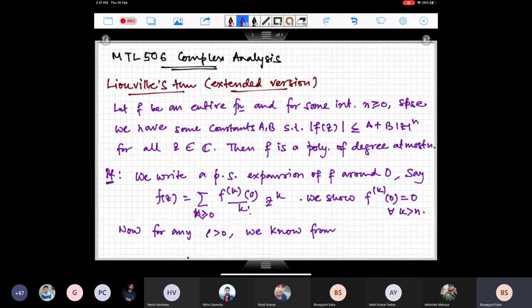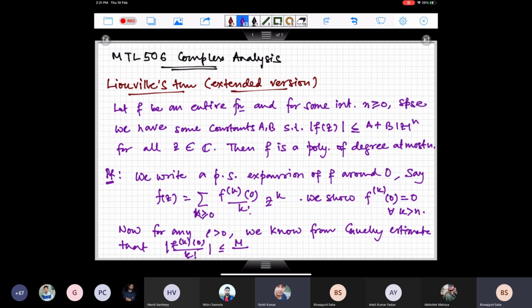So we know from the Cauchy estimate that mod of f^(k)(0) divided by k factorial is, what was the Cauchy estimate, tell me? The Cauchy estimate was that this is less than or equal to M divided by r to the power k.